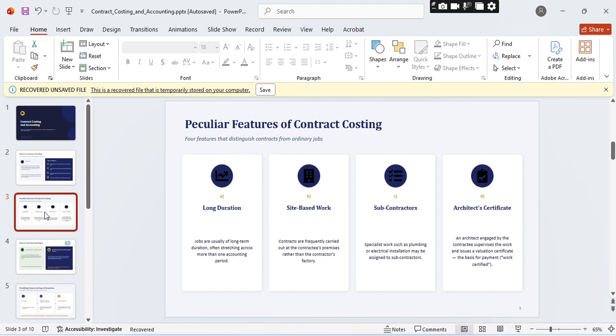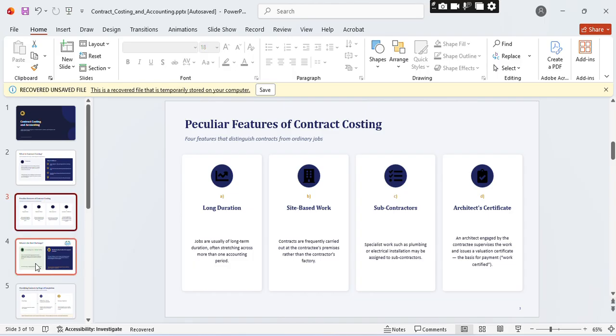The next one is subcontractors: specialist work such as plumbing or electrical installation may be assigned to subcontractors. And also, it involves an architect's certificate. An architect engaged by the contractee supervises the work and issues a valuation certificate as the basis for payment.